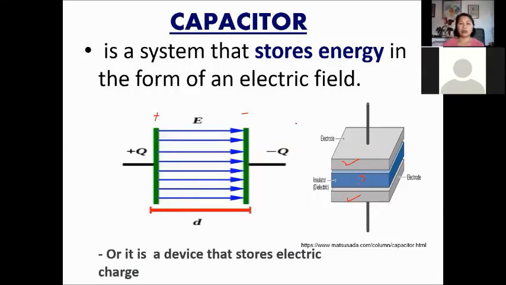Okay. Now, so that hindi nyo malimutan yung concept ng capacitor, I would like you to imagine a sliced bread. Dalawang sliced bread, para mas masarap, lagyan ninyo yan ng palaman. So, the 2 slices of bread are the conductors.